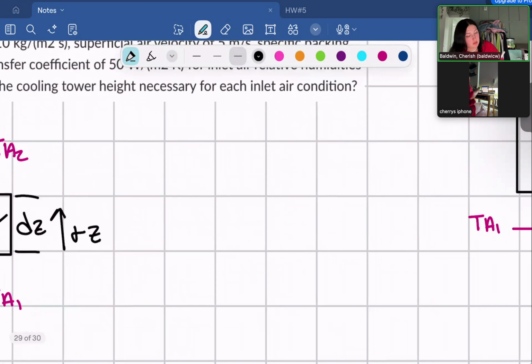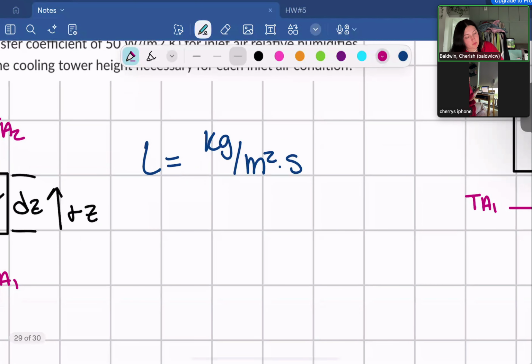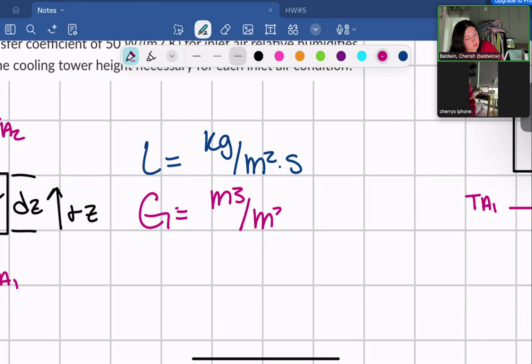So the flow rate of L is going to be in kilograms per meter squared per second. And the flow rate of air, we're going to define as G, and this is going to be meters cubed per meter squared per second.